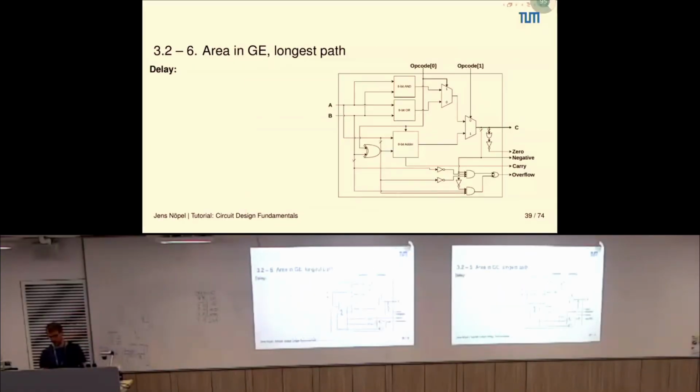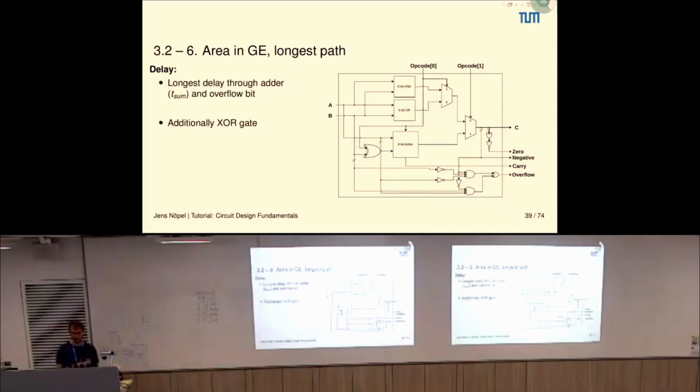Okay, so now the question is, what is the delay? We want area and we want delay. So maybe we start with the delay first. This is the longest path, and we need to identify this one first.